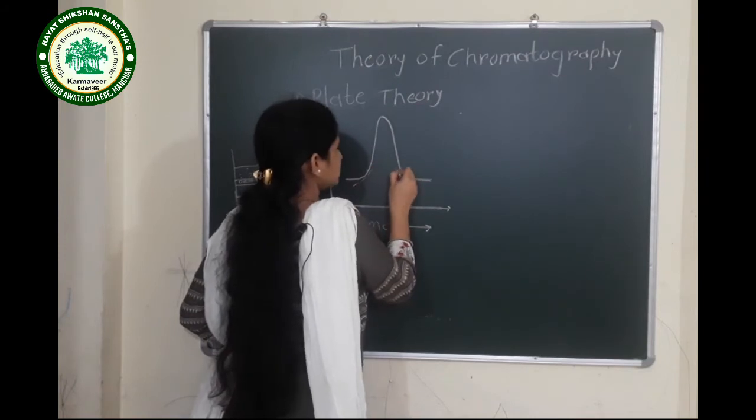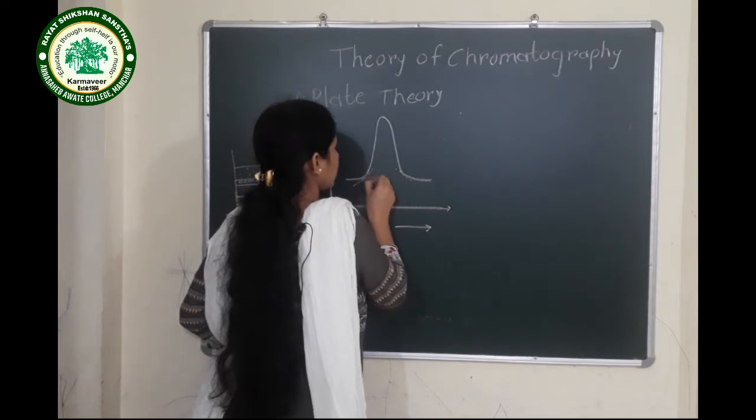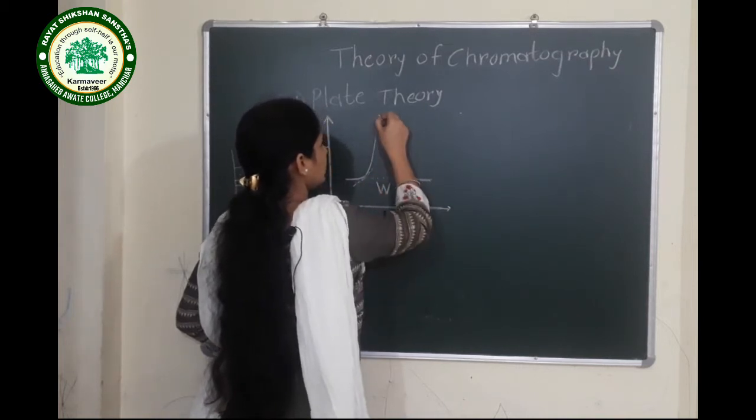This tangent is drawn on this curved line to determine the W, which is the width of the peak.